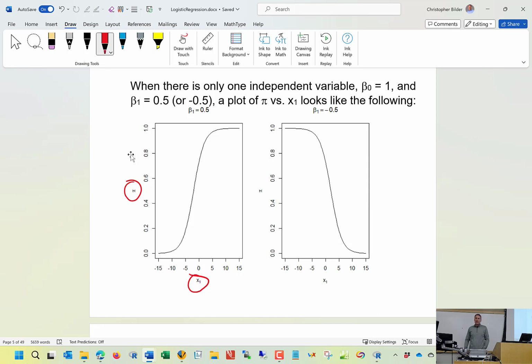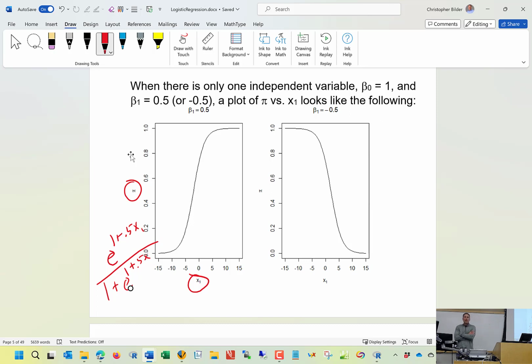Also look at the shape of the line there. Just to emphasize, what am I plotting here? I am plotting e raised to the 1 plus 0.5 times x1, over 1 plus e raised to the 1 plus 0.5 times x1. That's what I'm plotting on the y-axis. Notice how the line on the graph looks kind of like an S almost.